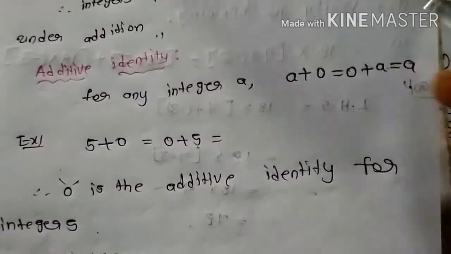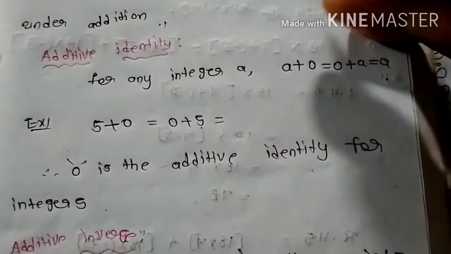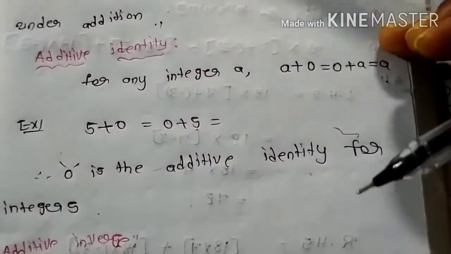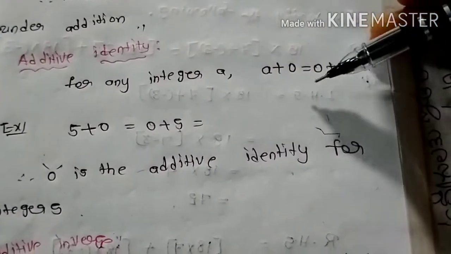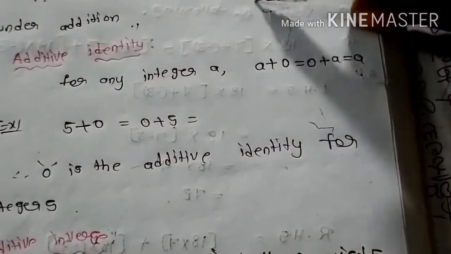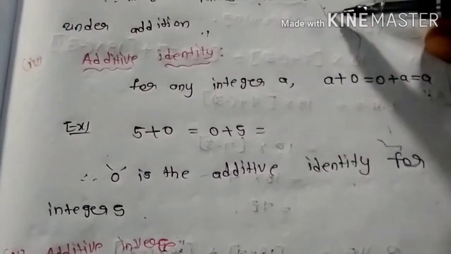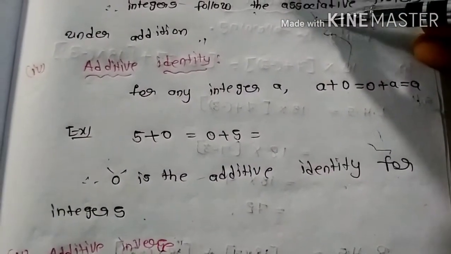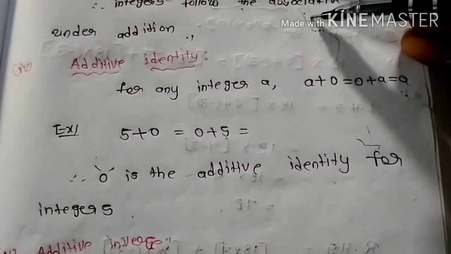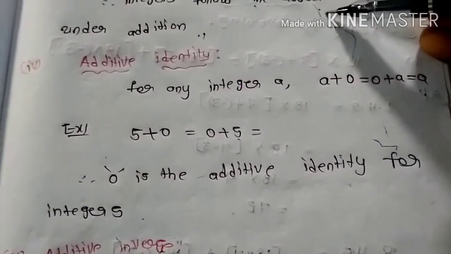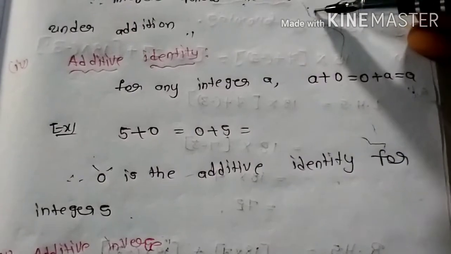Next one here, additive identity. For any integer a, a plus 0 is equal to 0 plus a, which is equal to a only. Example I am taking here, 5 plus 0, how much? 5 only. 0 plus 5, how much? 5 only.